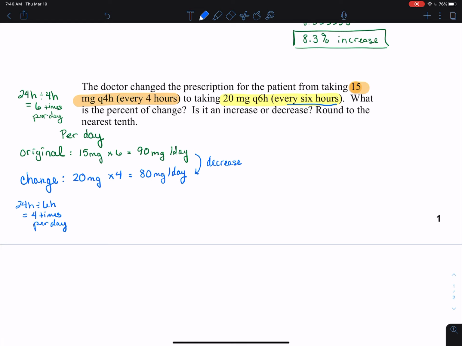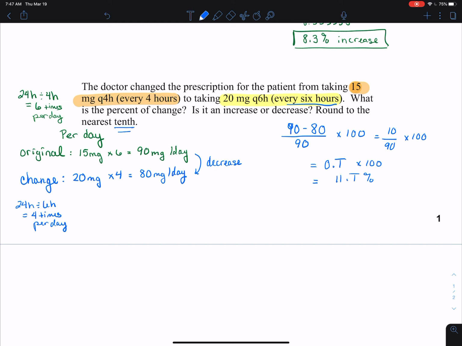Now I need to find the percent of change, or that percent decrease. So I'm going to do the larger number, 90, minus the smaller number, 80, divided by that original dosage amount, that 80, times 100. When I do the subtraction, that gives me 10 over 90 times 100, which gives me 0.1 repeating times 100, which gives me 11.1 repeating percent.